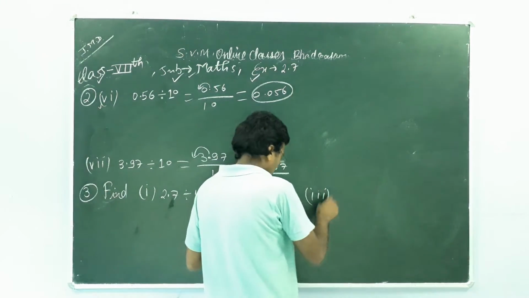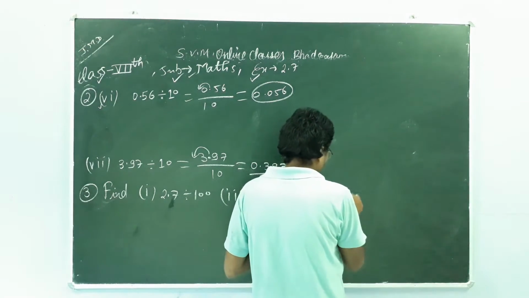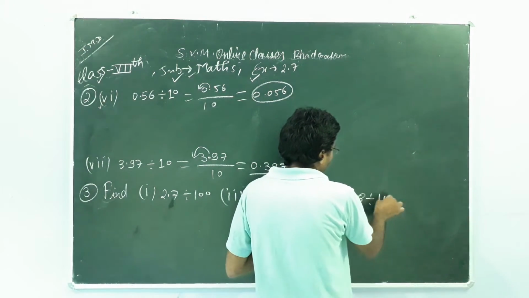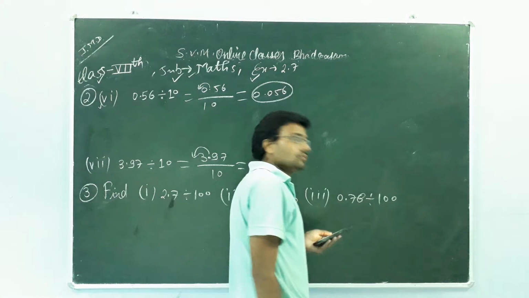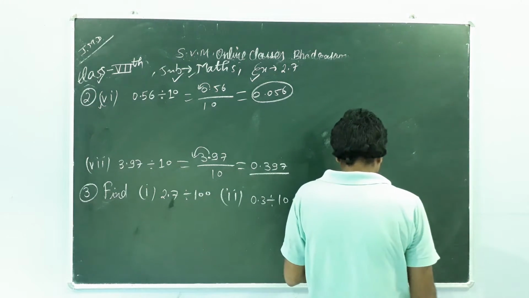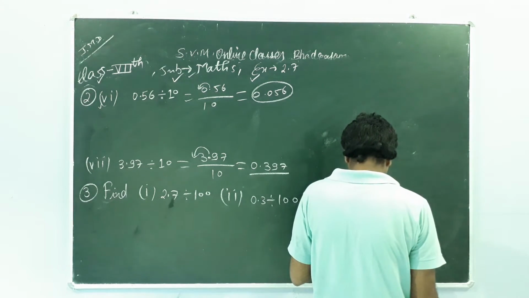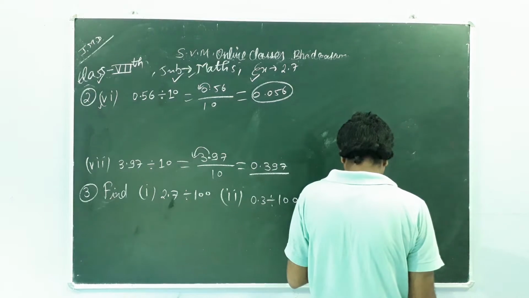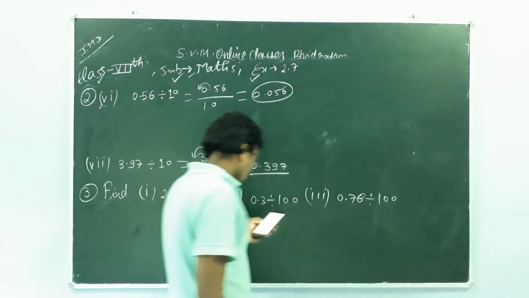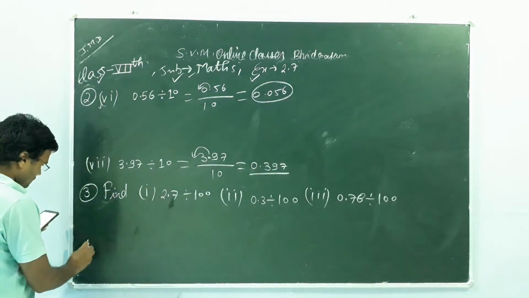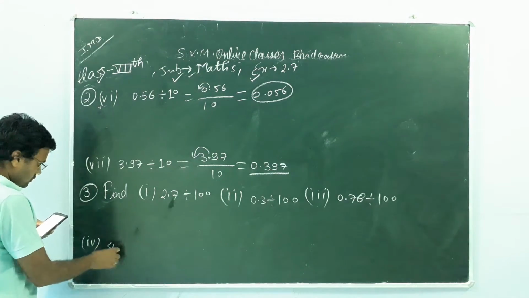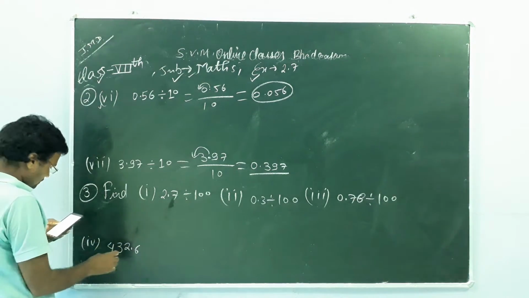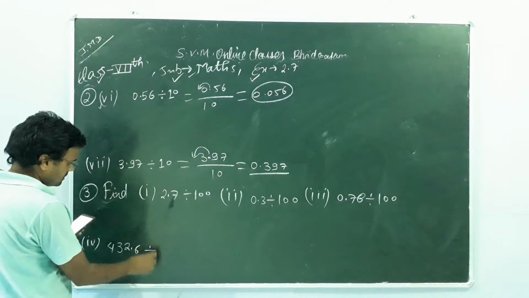The third one is 0.78 divided by 100. The fourth one is 432.6 divided by 100.